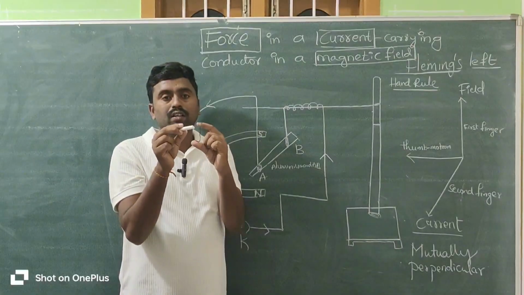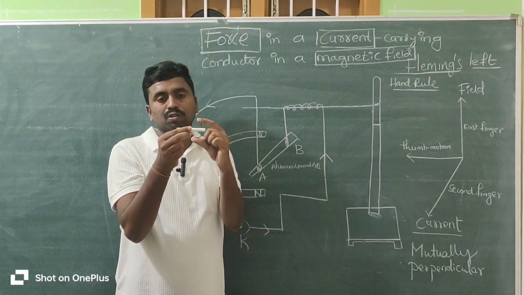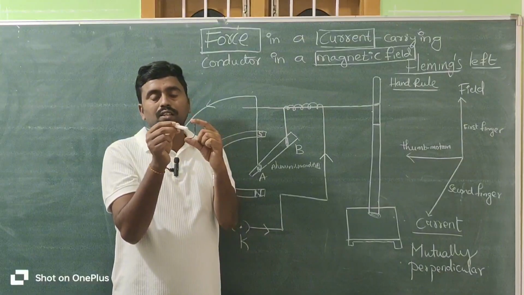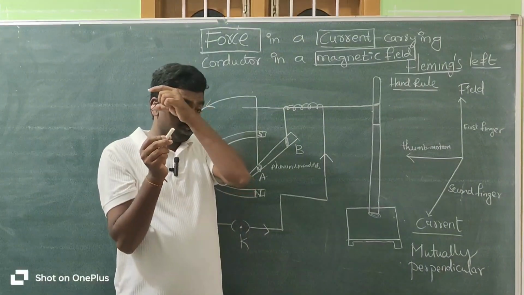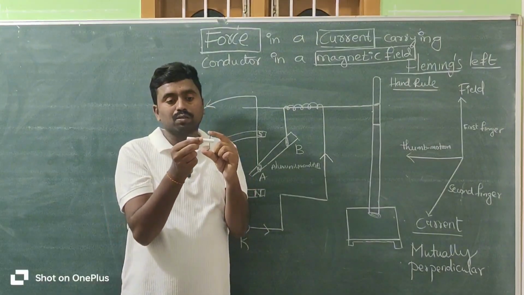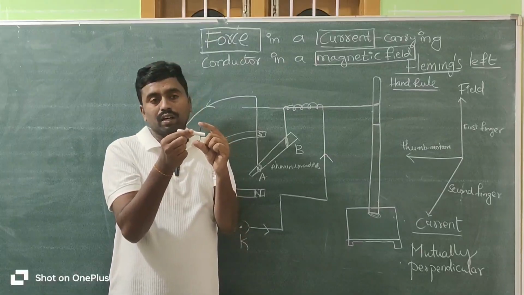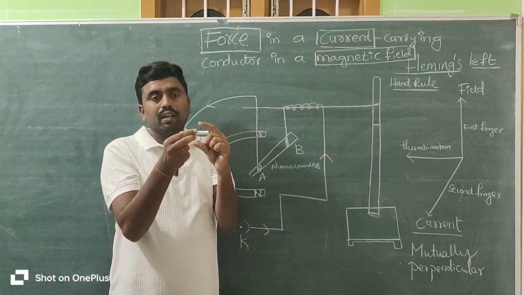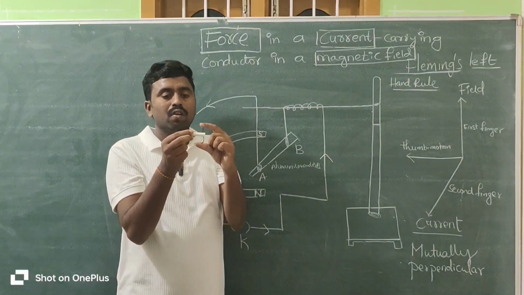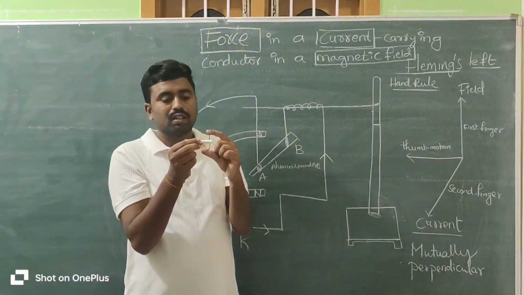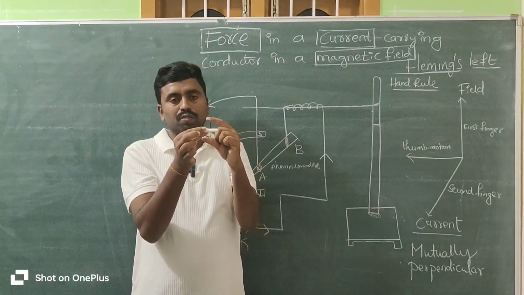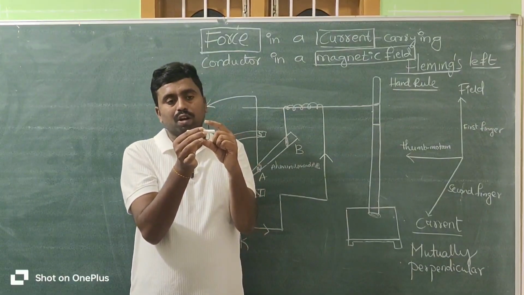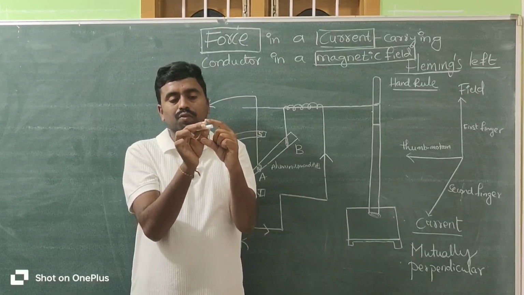If you change the direction of the current, the deflection of the aluminum rod AB also changes in the presence of the horseshoe magnet. From this observation we can say there is a relation between the direction of current and the displacement of the aluminum rod AB.